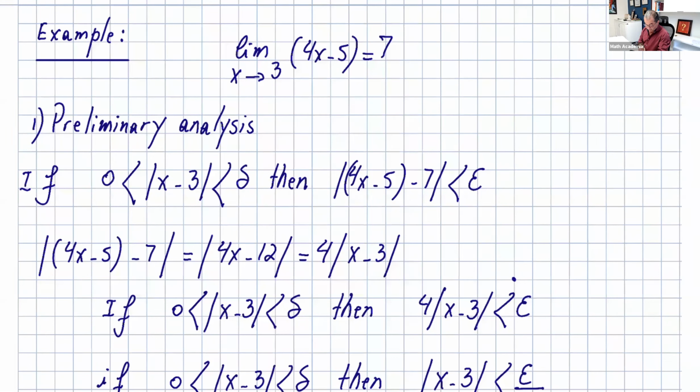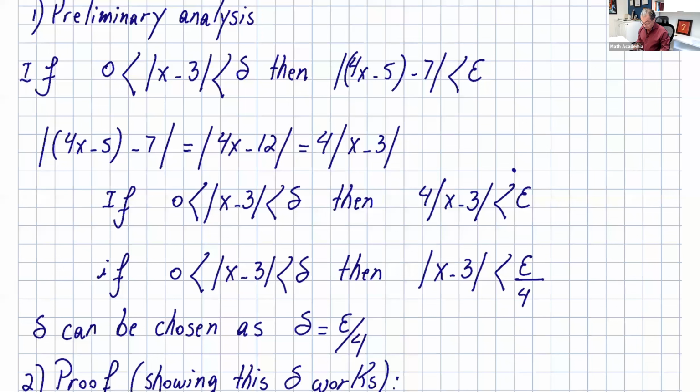You can start with this inequality. So the absolute value of 4x minus 5 minus 7 can be written as the absolute value of 4x minus 12. You can factor out a 4, and that can be written as 4 times the absolute value of x minus 3. So again, we want to say if the absolute value of x minus 3 is less than delta, then 4 times the absolute value of x minus 3 is less than epsilon. So right away, we know there's a relation here.